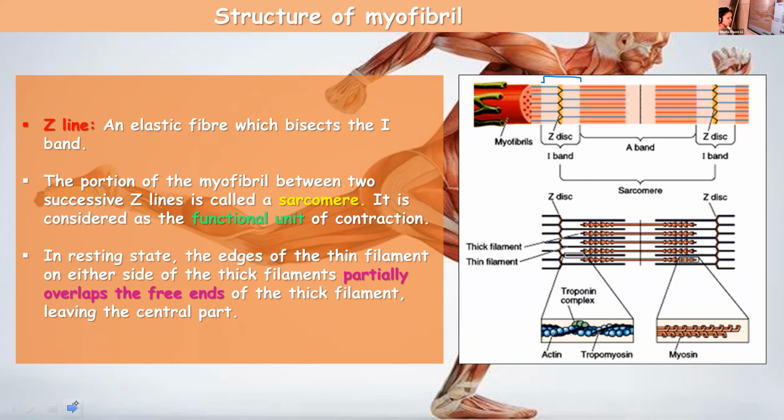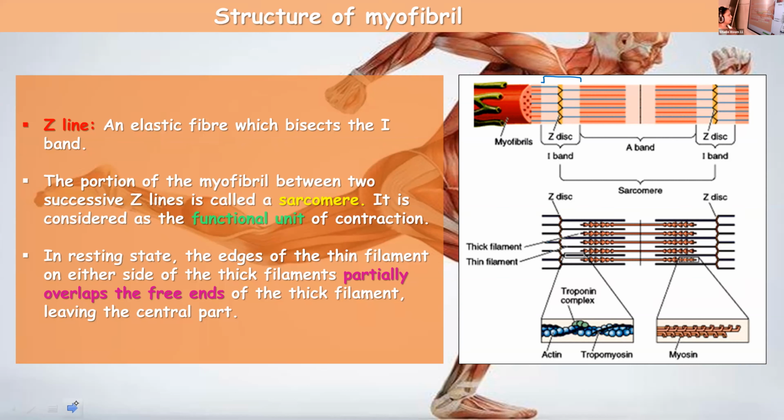In the resting stage, that means when the muscles are in the relaxed state and not undergoing any contraction, see, as you know, it's alternate light and dark bands. The light band alternates with the dark band, and that pattern is repeated throughout the myofibril. And how are they arranged?